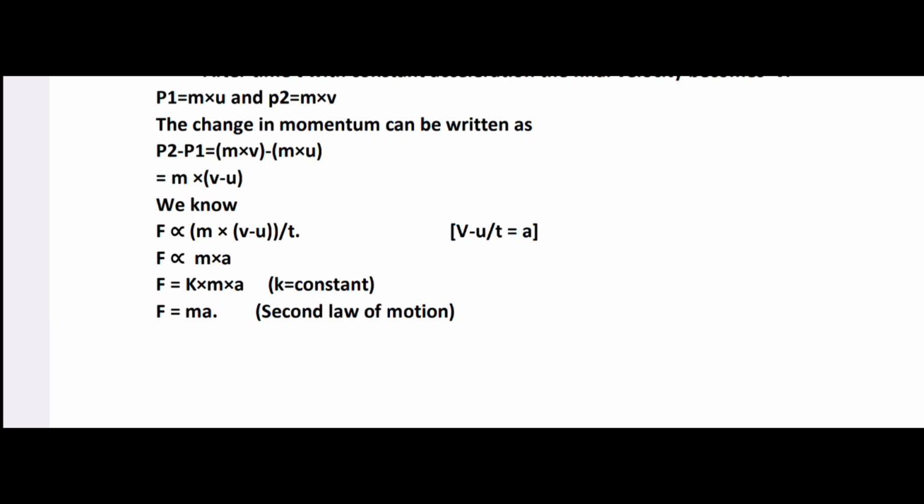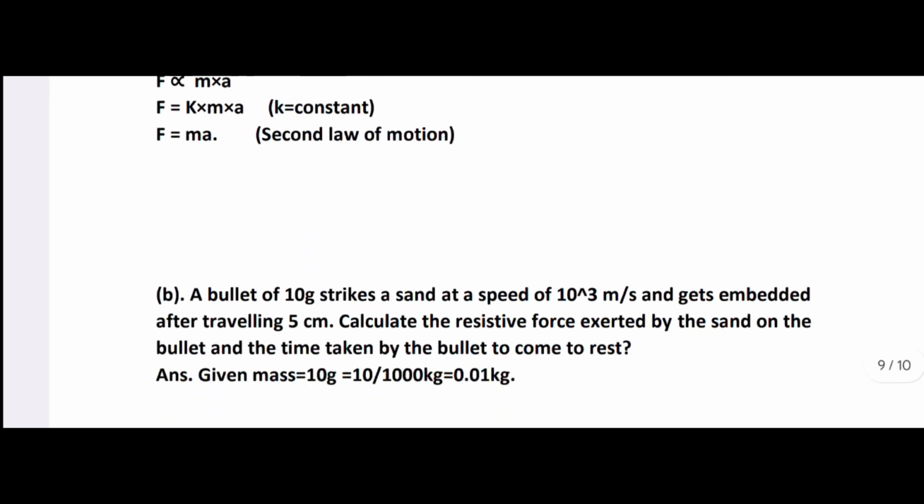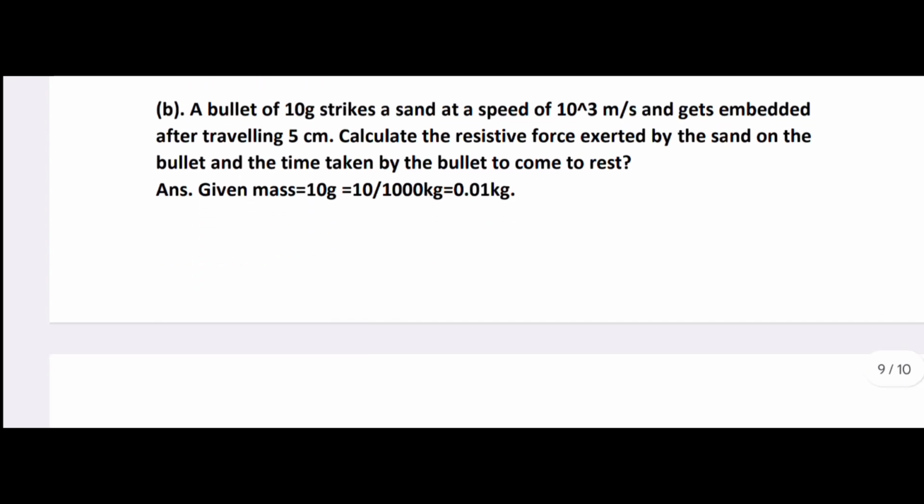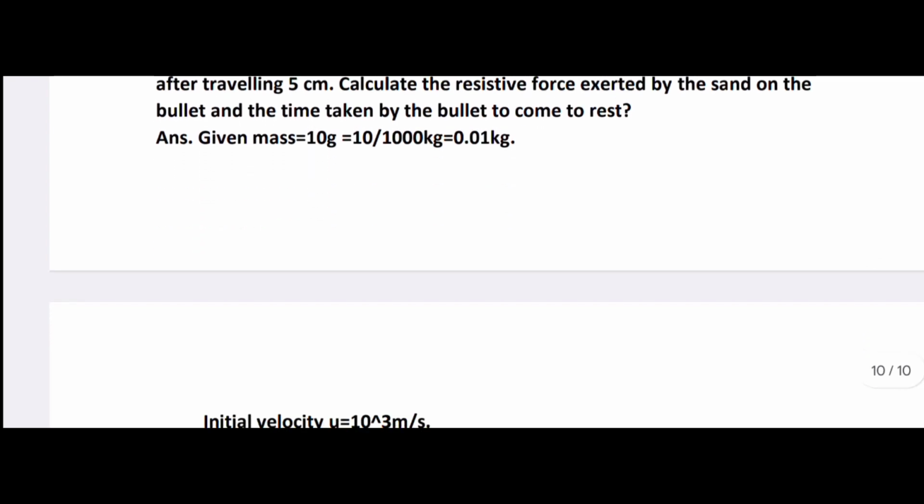Okay, here v minus u upon t is what? Acceleration. Therefore, force is directly proportional to mass into acceleration, ma. Now, k is the constant of proportionality. So, F is equal to ma. Second law of motion is proved. That is, force is equal to the product of mass and acceleration.